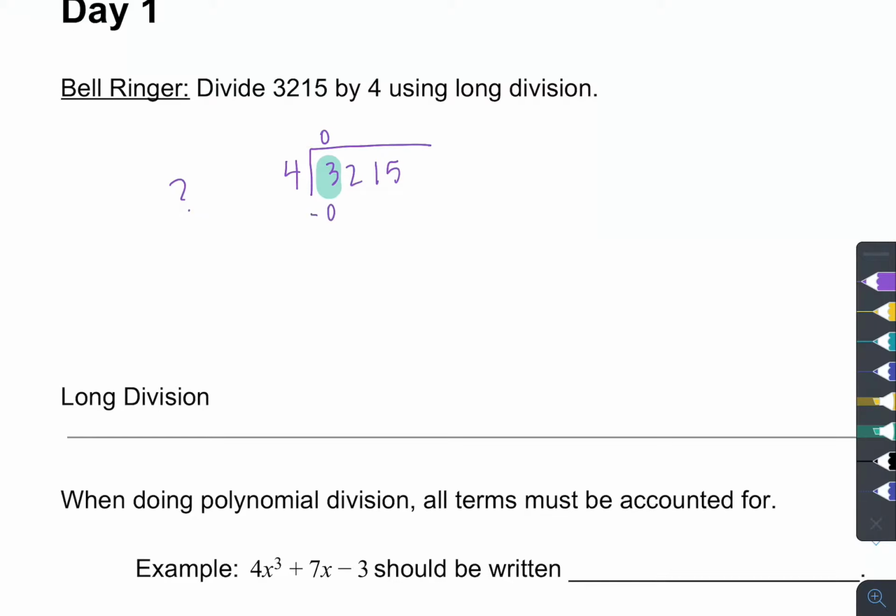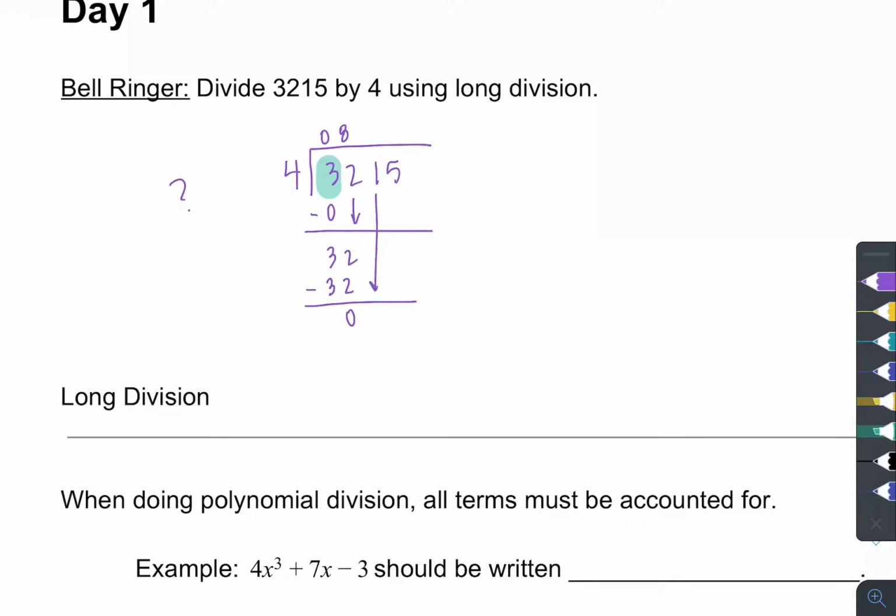So we're going to do 4 times 0 is 0, and then do our subtraction. So we get 3, and then we bring down our next number. Then we ask, okay, how many times can 4 go into 32? That's 8 times. So 4 times 8 is 32. We do subtraction. So that's 0.